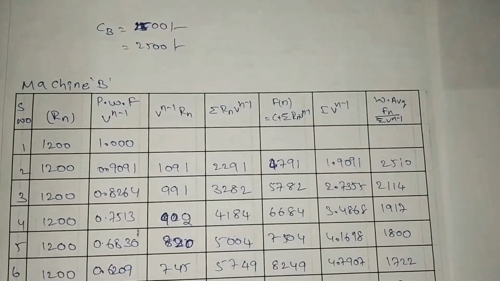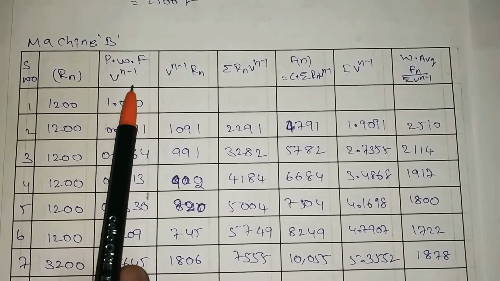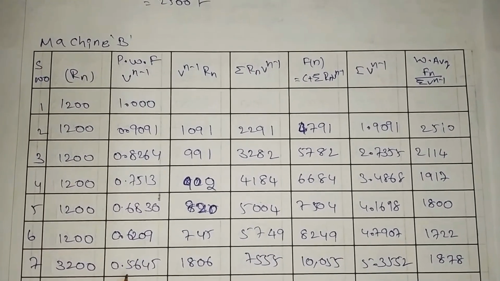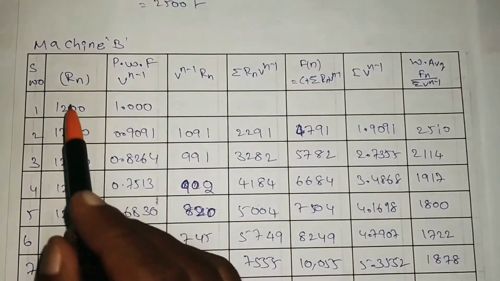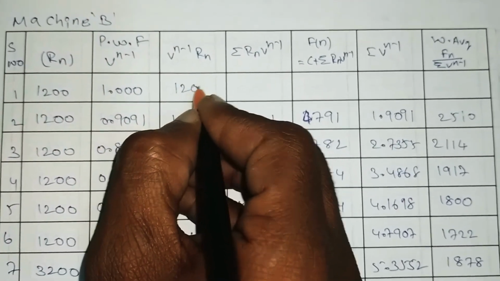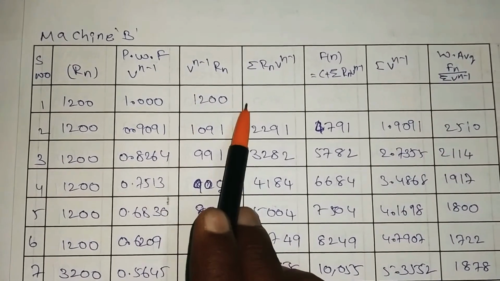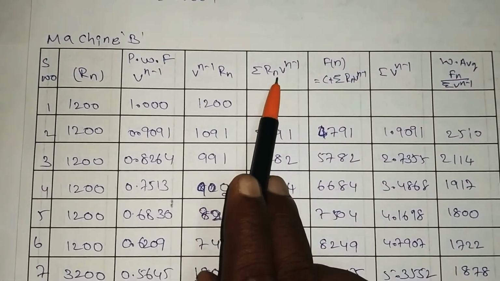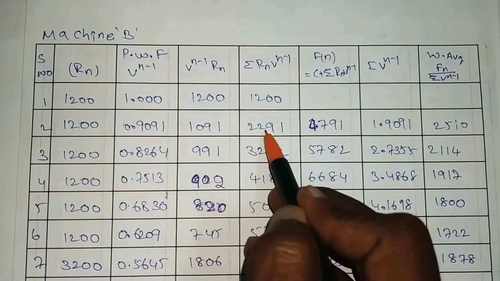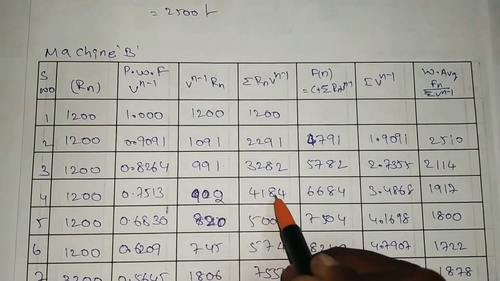That's why the value of V never changes, and therefore the present worth factor also never changes. So copy the values from the previous table up to 7 years only. Then the product of V power n minus 1 and R1, with a similar procedure to the previous table. 1200, summation of R1 and 1, 1200 plus this one.